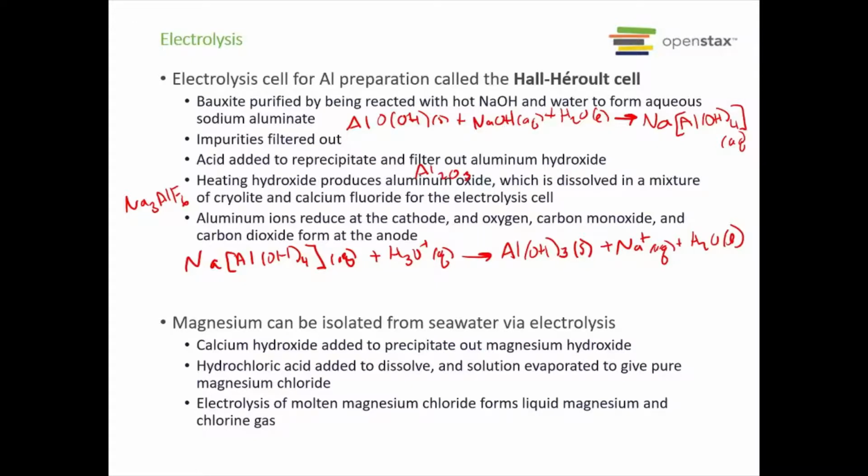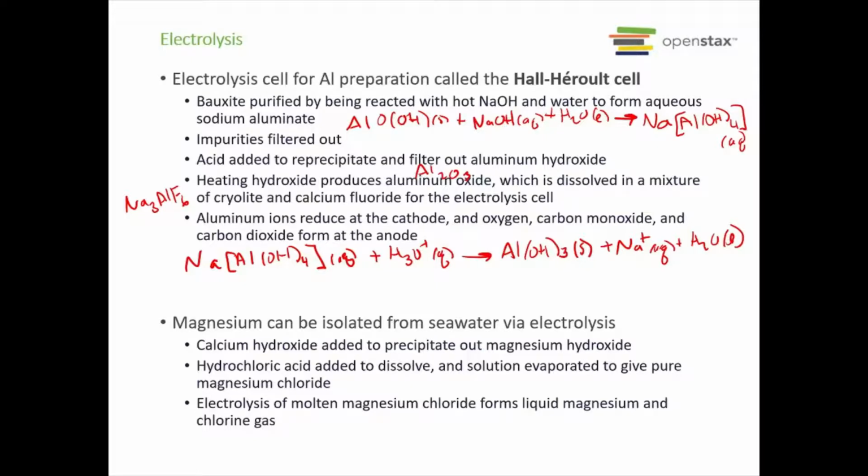Magnesium we get from seawater. It accounts for about 0.5% of seawater, but that's enough to get the magnesium we need. We do electrolysis as well to isolate it. We start by adding calcium hydroxide to the magnesium chloride from seawater to give us magnesium hydroxide. It's going to precipitate out.